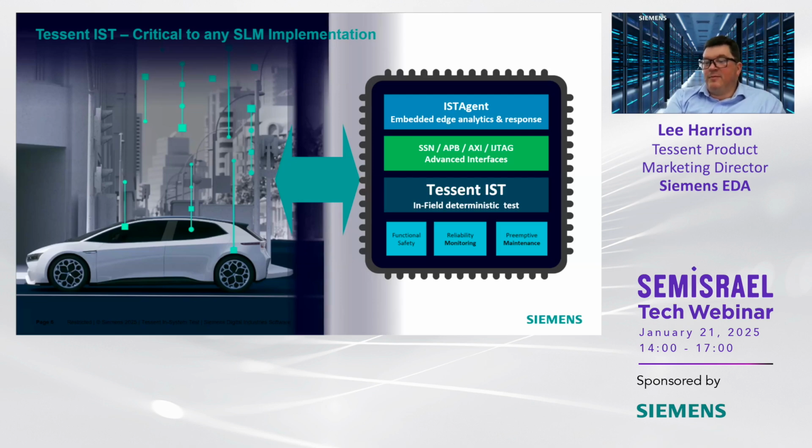So here we're able to use the data that we generate through this SLM environment to be able to predict how your vehicle's silicon is behaving, what the health of it is, and if there's any preemptive maintenance that's required.